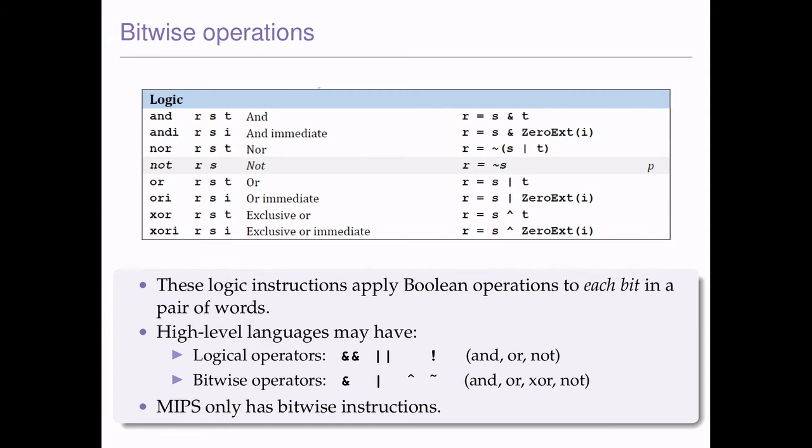Now that's going to be a little bit trickier because we're quite often used to just using AND with one value, but we're going to be applying it bitwise for a whole 32-bit value. So in high-level languages we have logical operators, our ANDs or ORs or NOTs, and we have bitwise operators, but in MIPS we only have bitwise instructions. We don't have anything that applies any other way.